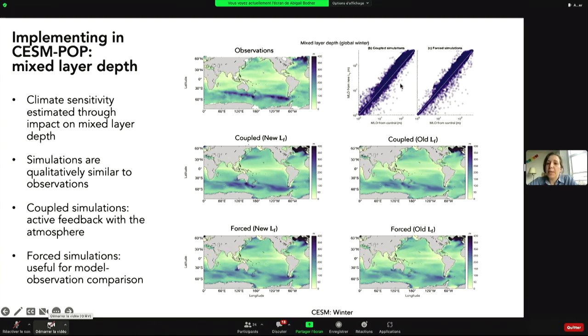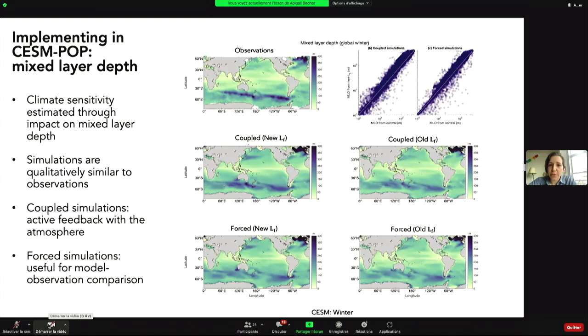And the top right panels are a comparison between the mixed layer depth from the new versus control, which is the old version, in all locations. The main takeaway from this slide is that it's not drastically different. It didn't break the model, it doesn't look too crazy, and it still relatively resembles observations, which is good. We didn't want to break the model or anything like that.